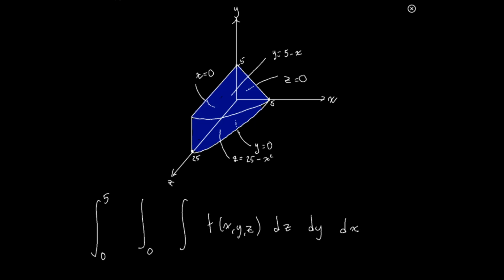So we can do 5 minus x. And then z goes from this projection down here all the way out to here, so it's the same as before: from 0 to 25 minus x squared.